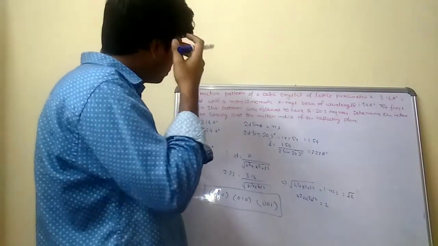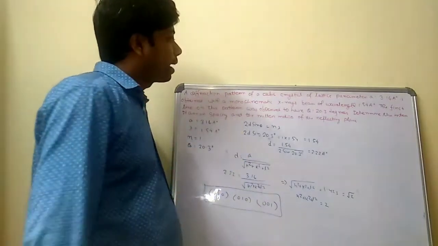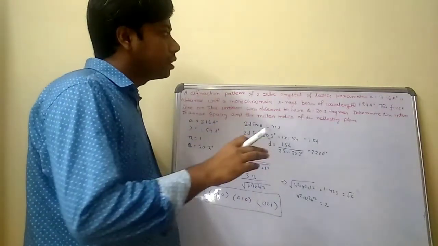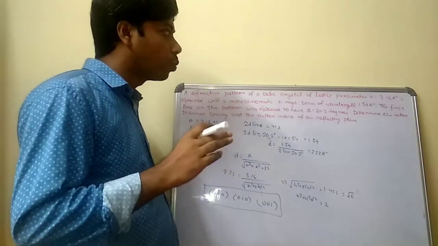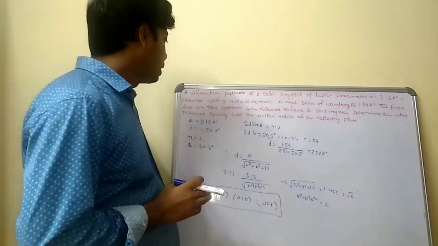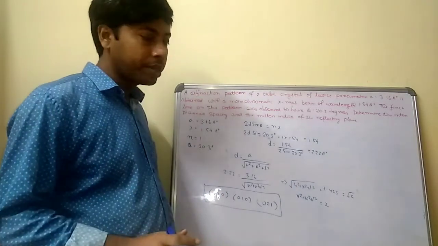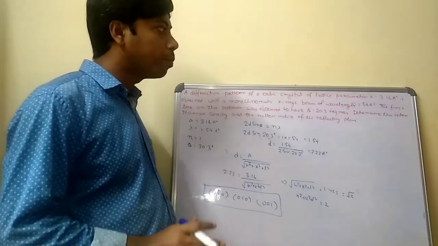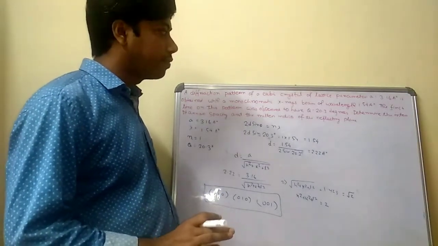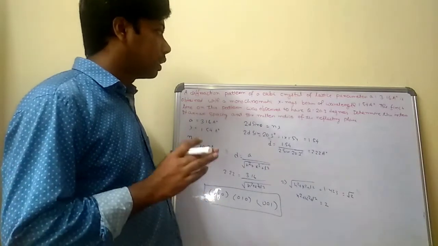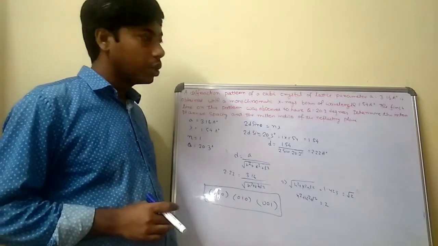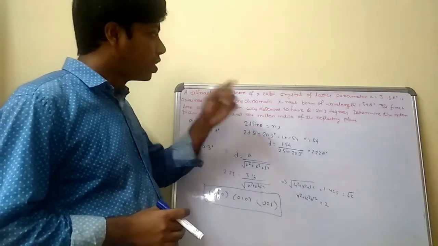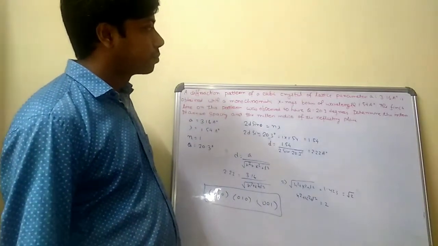So in this numerical, a diffraction pattern of a cubic crystal structure of lattice parameter a equal to 3.16 angstrom is obtained with a monochromatic X-ray beam of wavelength 1.54 angstrom. The first line on this pattern was observed to have theta equal to 20.3 degree.